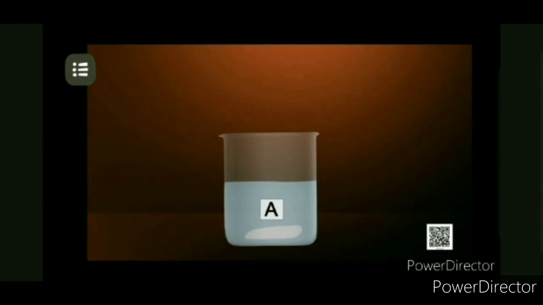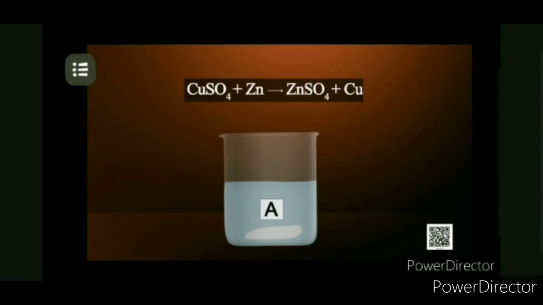In this beaker, zinc displaces copper from copper sulphate solution. That is why the blue color of copper sulphate solution disappeared and a powdery red mass of copper is deposited at the bottom of the beaker.